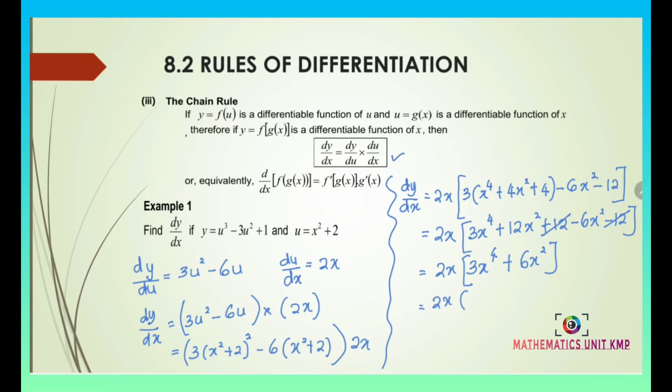We can factor out 3x squared, and then here we have x squared plus 2. We can leave the answer like this, or we can simplify this one, 2x with the 3x squared, we get 6x cubed times (x squared plus 2). This is the final answer.